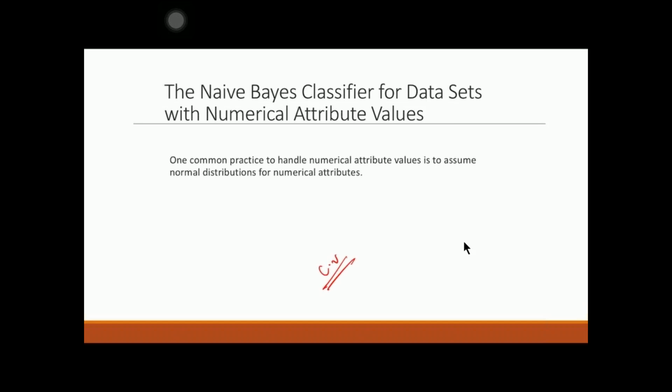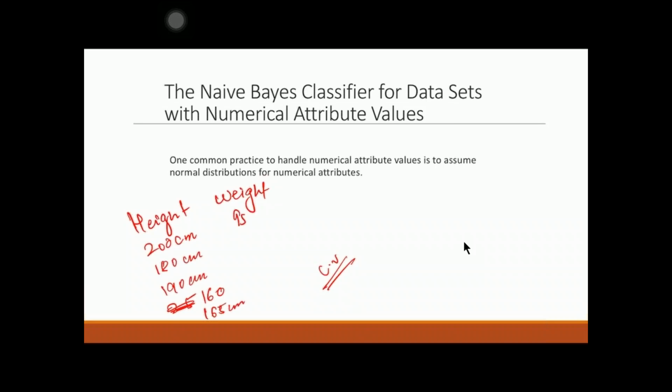What happens in that case is that you assume that each of the features will follow a normal distribution. For example, let's say I have the height and weight. Height is 200 centimeters, 180, 190, 160, 165.